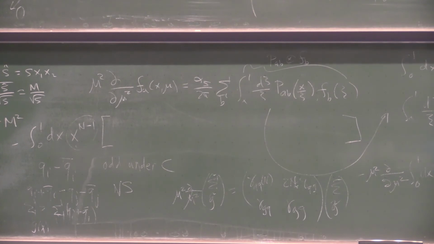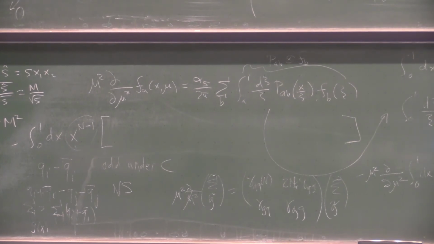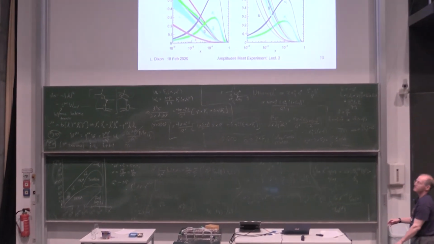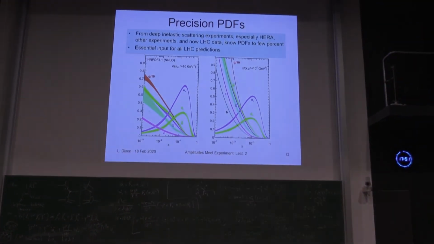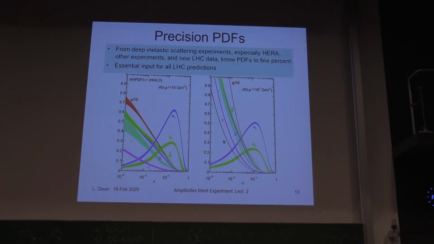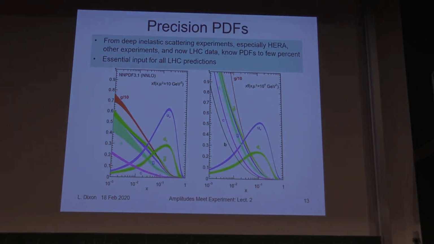So once you do all that, do some beautiful fits to a large amount of data, you get this sort of description of the structure of the proton. And here are two different fits from last year or the year before that show x times f.